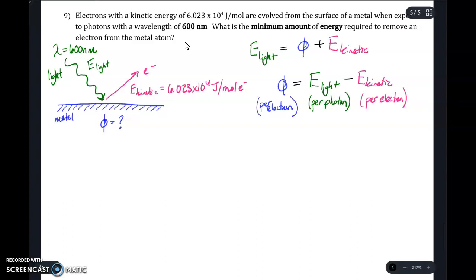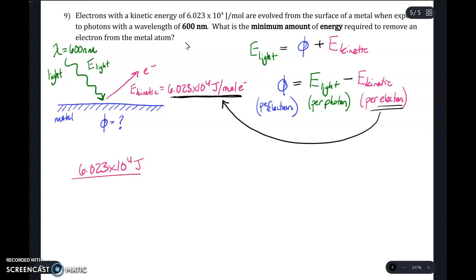Why is this problematic? Well, this kinetic energy per electron, that's not what we have given in the problem. We've got the amount per mole of electrons. So the very first thing we want to do is take this value, 6.023 times 10 to the 4th joules, and represent it as a ratio, because really this is the amount of energy per 1 mole of electrons.